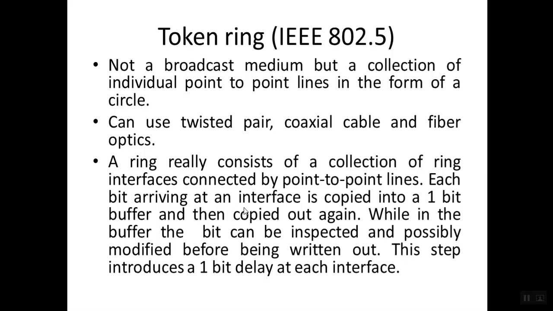Each bit arriving at an interface is copied into a 1-bit buffer. So in every interface there is a 1-bit buffer. Every bit arriving at that interface will be copied to the buffer and can be inspected and modified before being written out. So this can introduce a 1-bit delay at each interface.